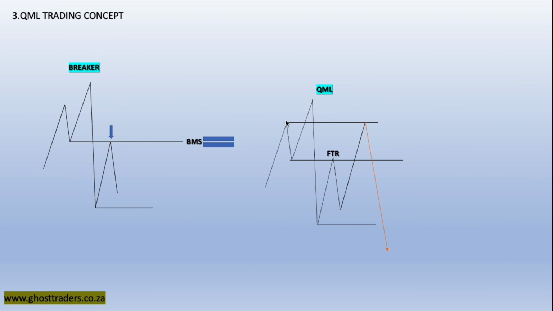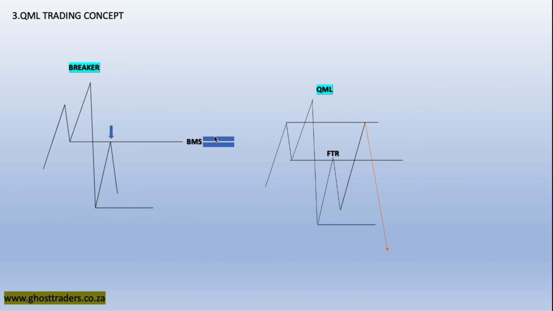Okay, so this is the level where we're going to be anticipating a sell setup, yet on a breaker structure, this is the level we're going to be looking for our sell setup. So the only difference between the QML and a breaker is where we anticipate to enter our sell position or our buy position. So it's where we anticipate to make our trade.